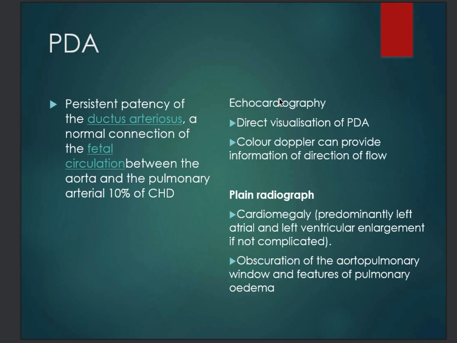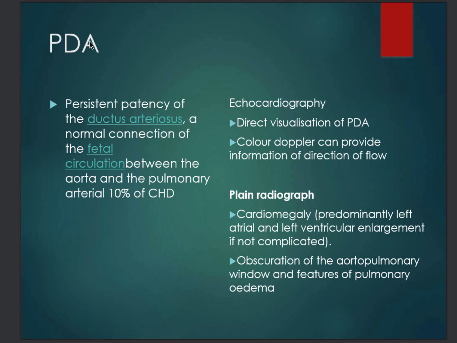So in a PDA, as in a VSD, the left atrium and left ventricle are dilated, with dilatation of the pulmonary arterial tree, which will lead to pulmonary hypertension and then right ventricular hypertrophy.